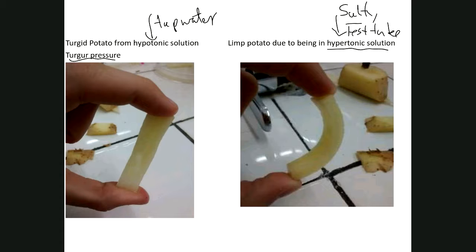The concentration of water is lower outside of the potato than it is inside the potato. So the water will move from high concentrations to low concentrations. And as a result, you'll get a limp potato strip. It'll be floppy, you would be holding it and it would be bending and a little bit harder to snap. You would actually have to just tear it apart to be able to cut it. All right, it would have no turgor pressure at all.